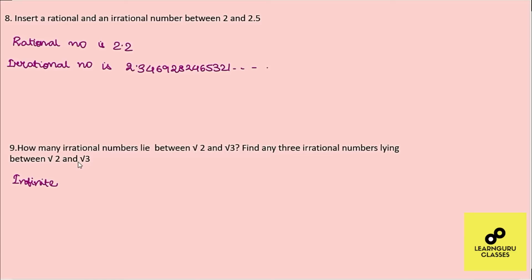We try to find the non-terminating, non-repeating decimal expansion of root over 2. So, it is something like that. Approximate value is 1.414, something like this. And root over 3 is 1.732. Okay, this is an approximate value of both the two irrational numbers.